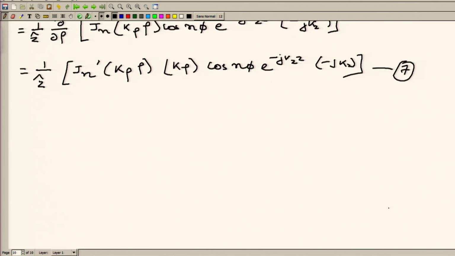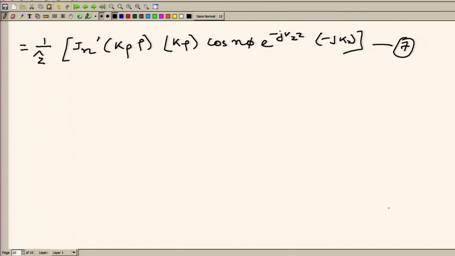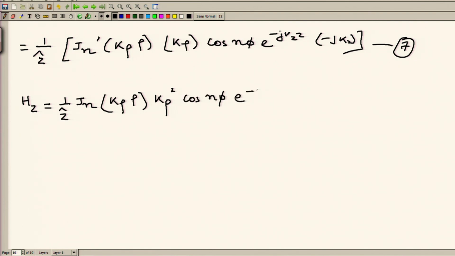Then H z. Similarly, we calculate H z and get 1 upon z cap J n k rho square cos of n phi e to the power minus j k z z.